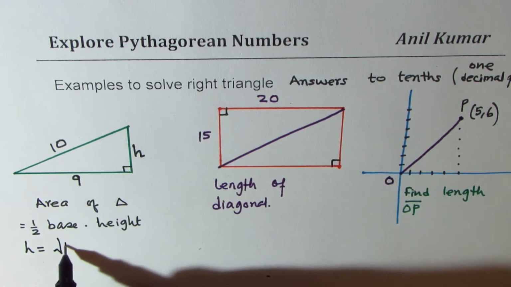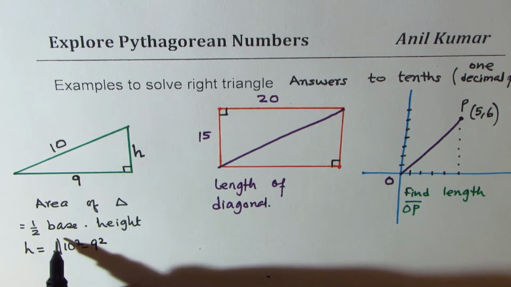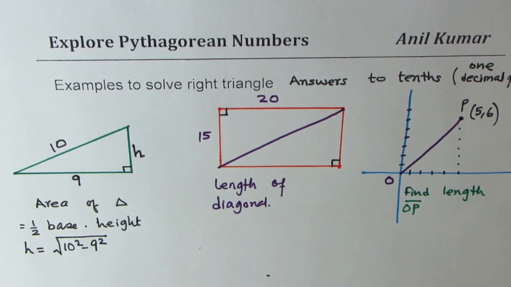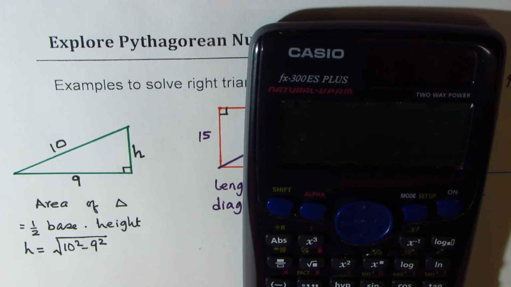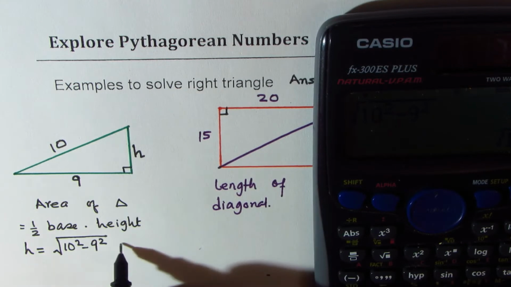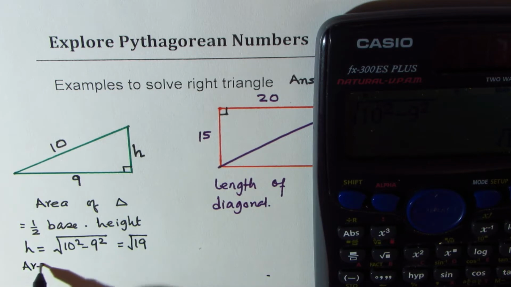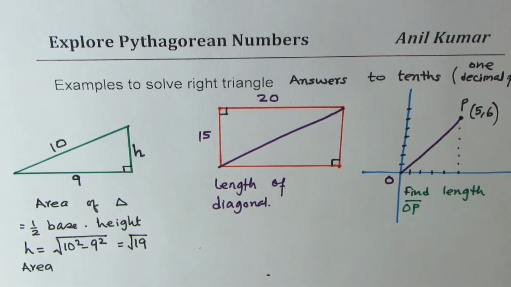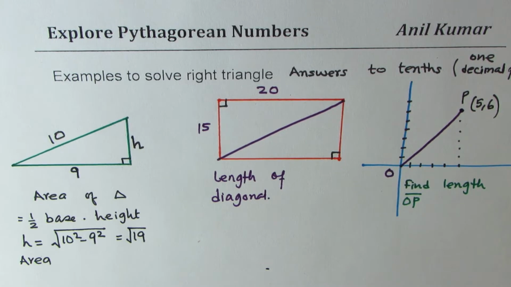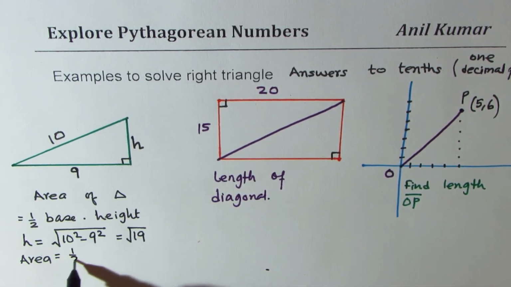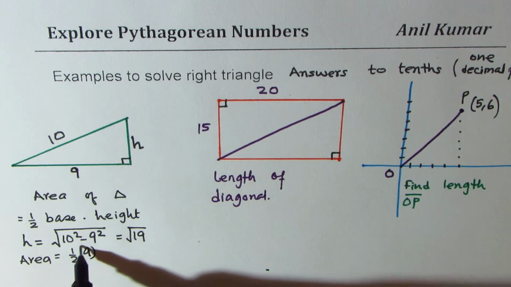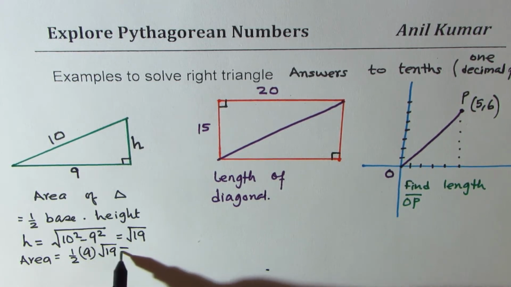So h is equal to the square root of 10 squared minus 9 squared. Let's use the calculator to find this value. Since it is the smaller side, that gives you the square root of 19. So now the area is how much? To find the area, we need to multiply half with the base of 9 times the square root of 19, correct?